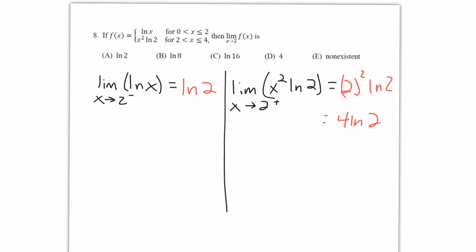Obviously they're not the same, but let's make it even more obvious. If I use the power property, I can put the 4 as an exponent for the 2. I get natural log of 2 to the 4th. 2 to the 4th is 2 times 2, which is 4, times 2, which is 8, times 2 is 16. Now it's incredibly obvious. Natural log of 2 is not natural log of 16. Non-existent.